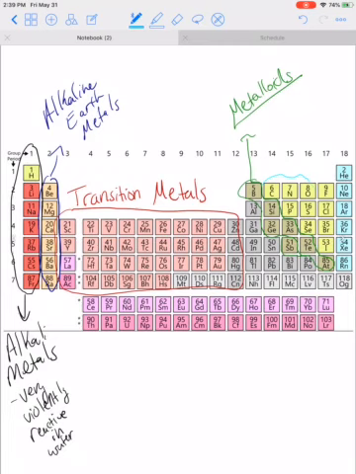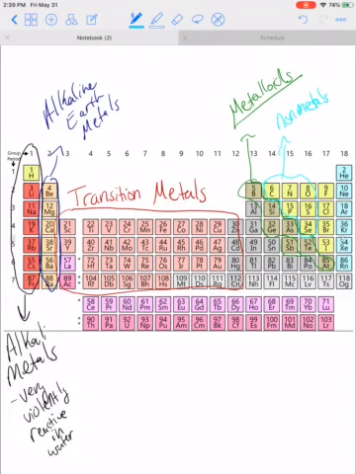Now this upside down little pyramid thing here that spans across families 14, 15, and 16, they don't really have a very specific name. Some call them the CNO group for the carbon, nitrogen, and oxygen you see at the top. We're just going to call them the non-metal family. Now, these are not the only non-metals that exist on the periodic table.